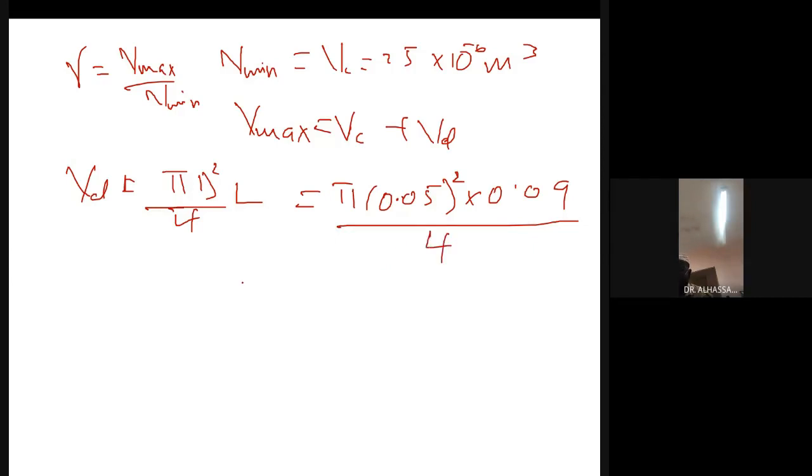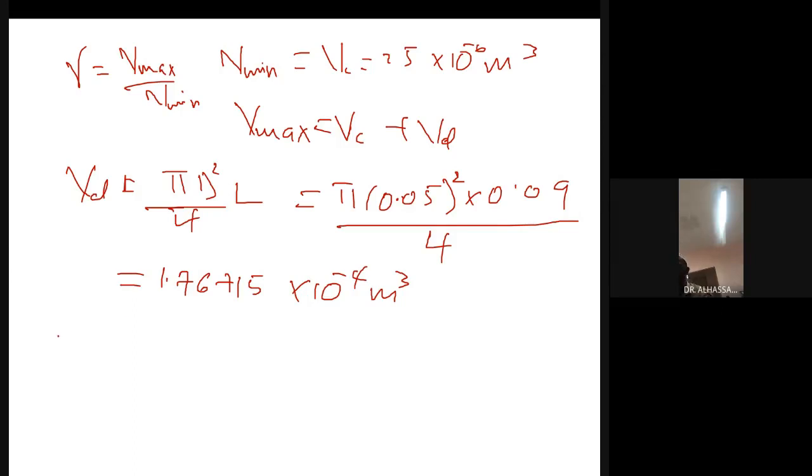So Vd equals 1.76715 times 10 raised to the power minus 4 meter cube.